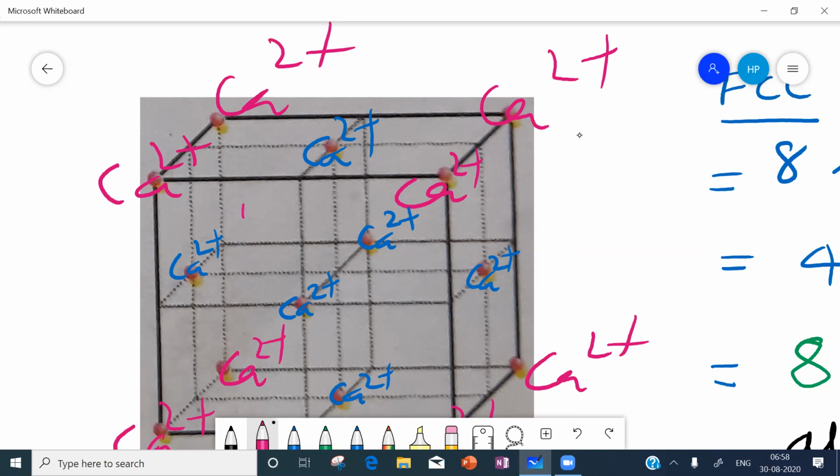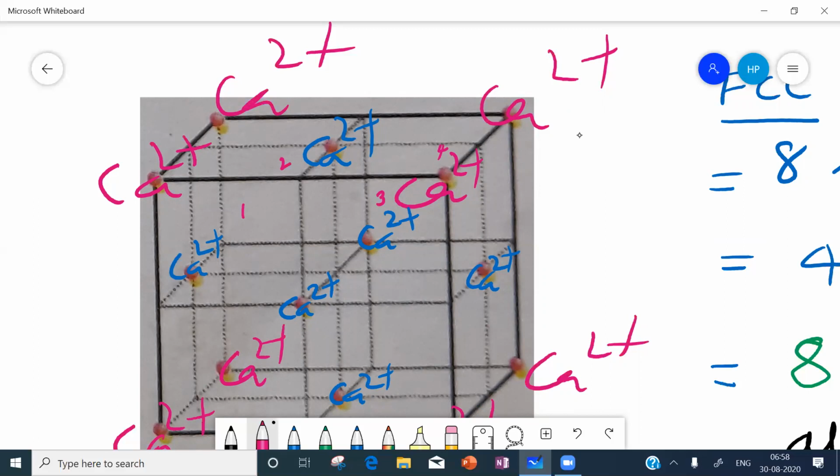Then front top back, one tetrahedral void. Then front right top, one tetrahedral void. Then back top right, one tetrahedral void. So this calcium is in contact with 4 tetrahedral voids.